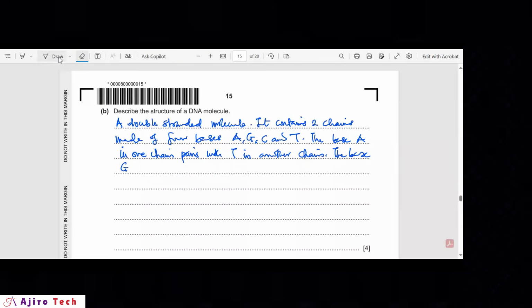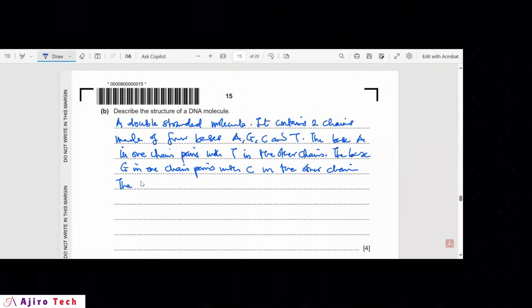The base G in one chain pairs with C in the other chain. In the other chain, right?